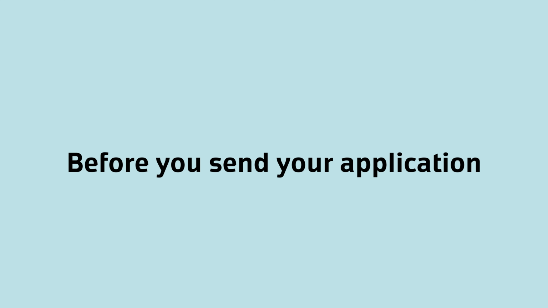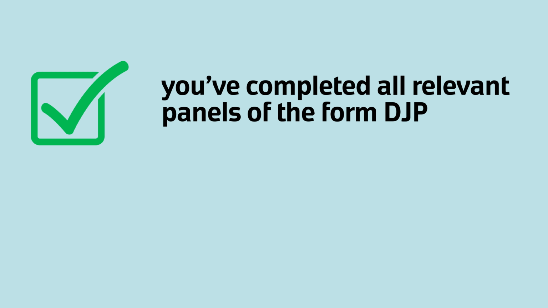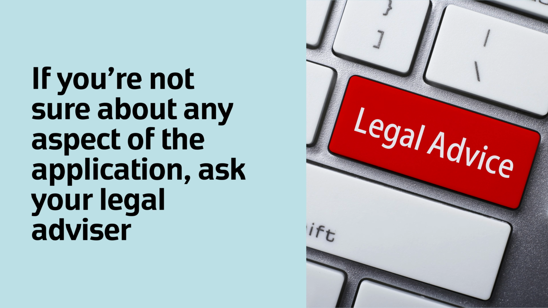Before you send us your application, check that you've completed all relevant panels of the Form DJP and that you've enclosed all the documents and evidence we need to change the register. If you're unsure about any aspect of the application you're making, consider seeking legal advice.